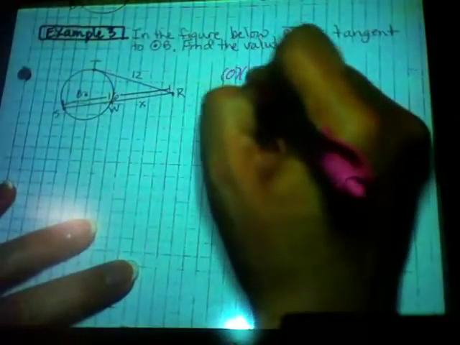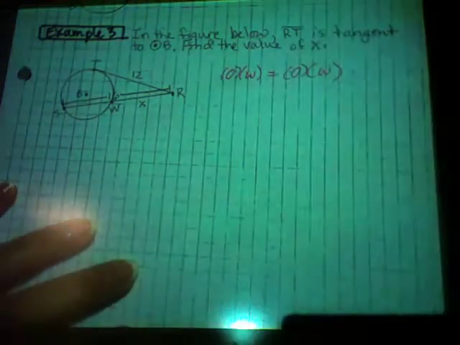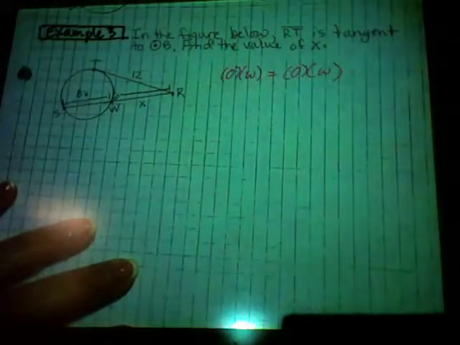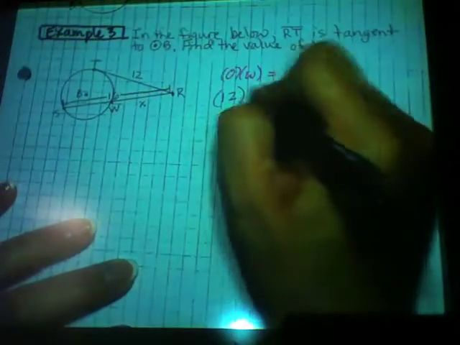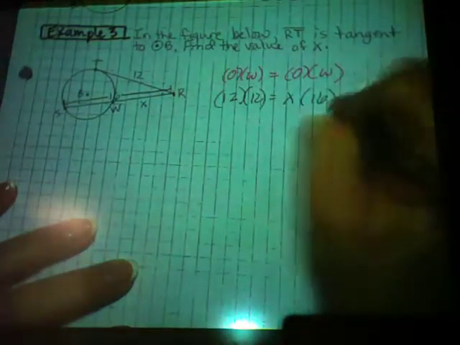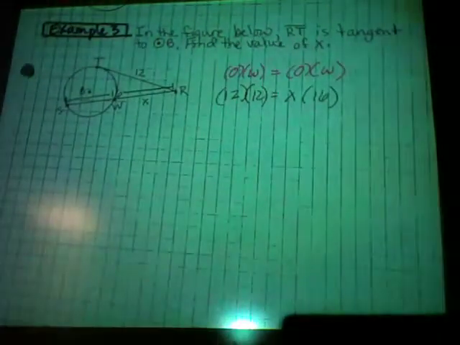All right, so again, I'm going to go outside times whole equals outside times whole. That's the mantra. So my outside of my tangent is how far? 12. My whole is how far? 12. So those are the same. My outside of my secant segment is what? X, and my whole, in this case, is 16. It is not 16 plus X, because they said that whole distance is 16.